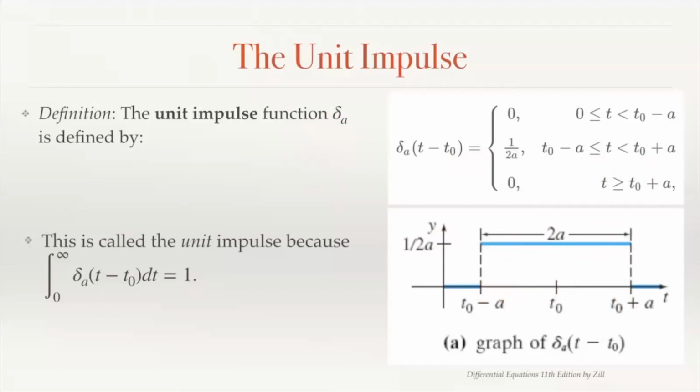And therefore the area underneath it is base times height, 2a times 1 over 2a, is 1. So therefore the integral from 0 to infinity of the unit impulse function is 1. There's no area here, and the area of this is 1, no matter what a is.